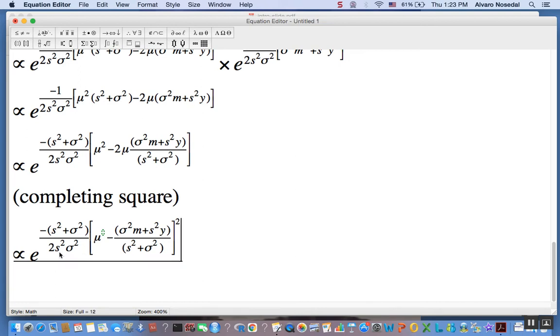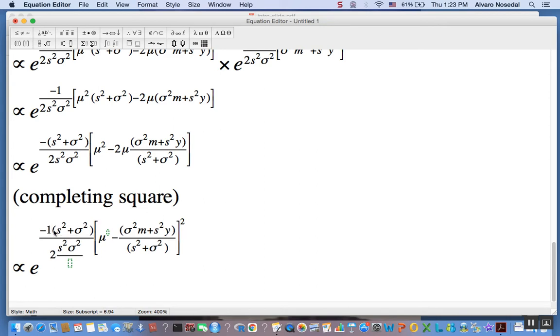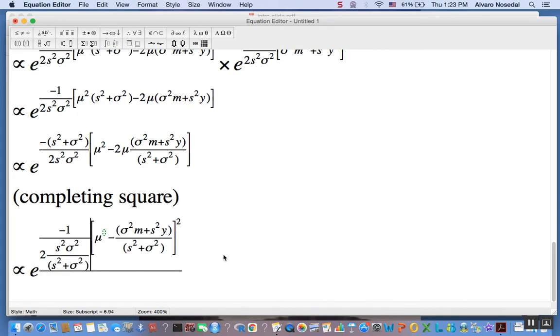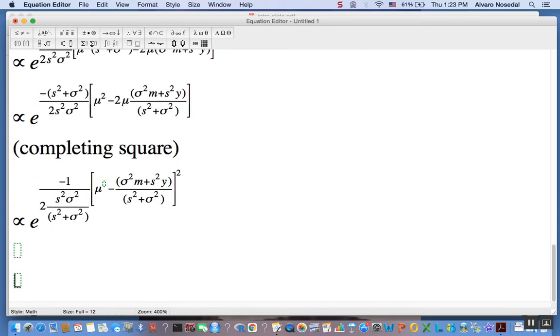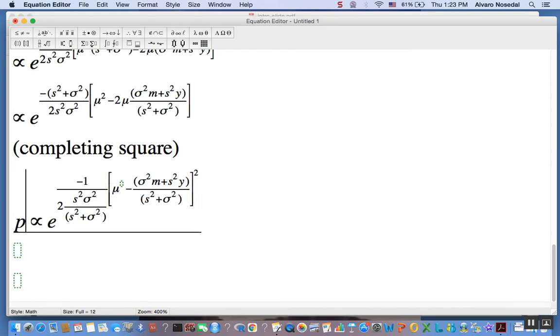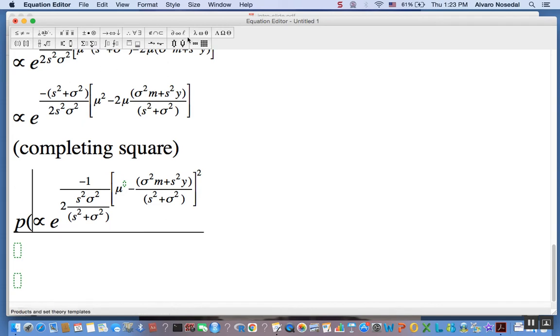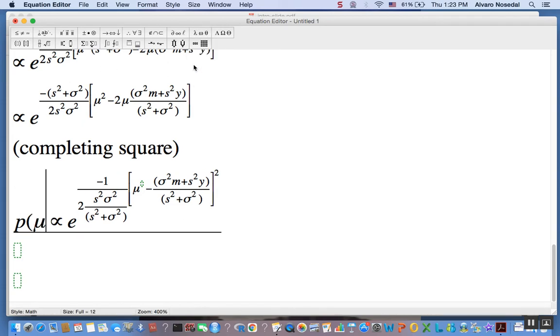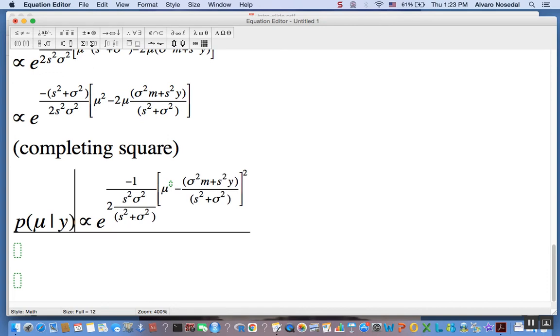Now, something more that we did when we discussed that posterior. We said this is the same as this. Now, why would that observation be important? Because the expression that we're after is the probability of mu given our observation. It's a conditional probability.